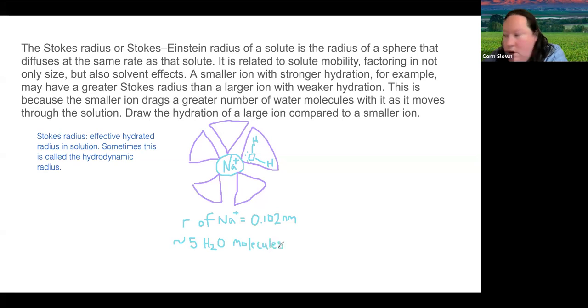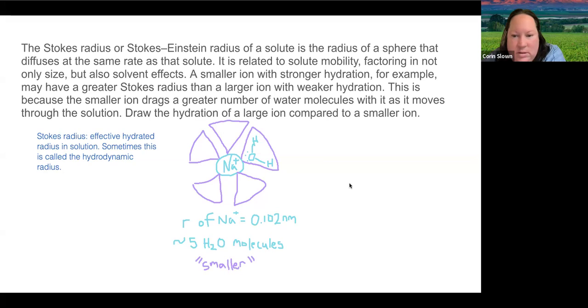All right, so we're going to compare that. So this is our smaller hydration shell. Make sure to label that. We're going to compare that to magnesium.